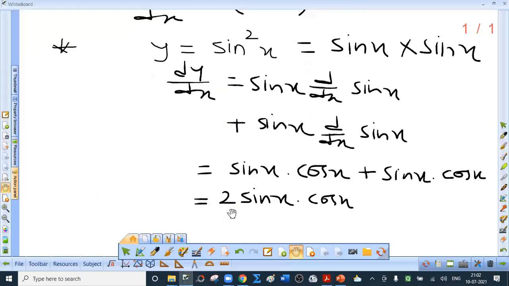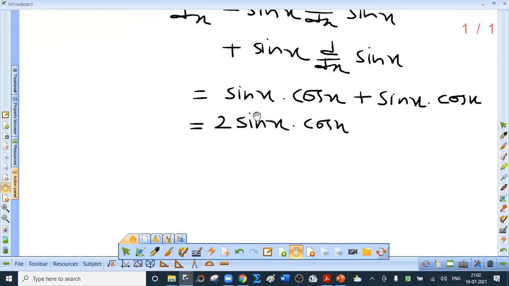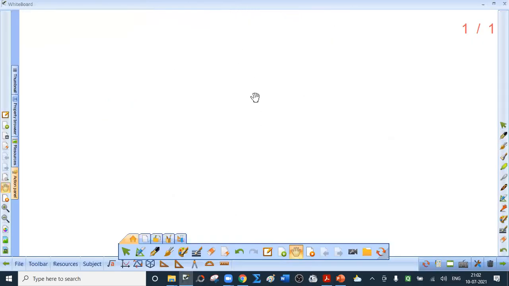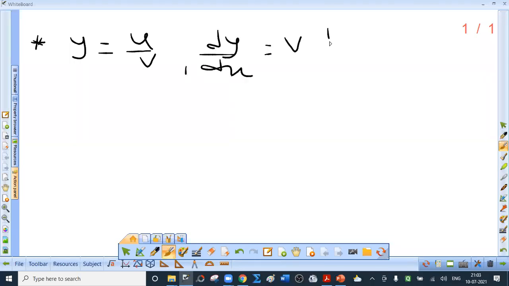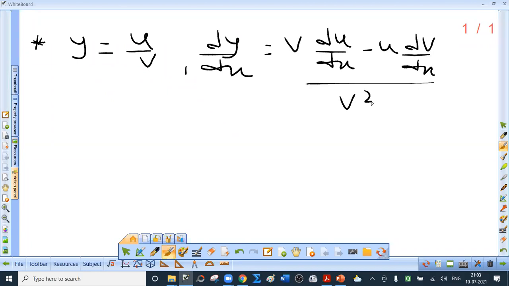This is called quotient rule. Let me explain. See, I write quotient rule once again. If y is u upon v, then what is dy/dx? It is v du/dx minus u dv/dx upon v square. Okay.